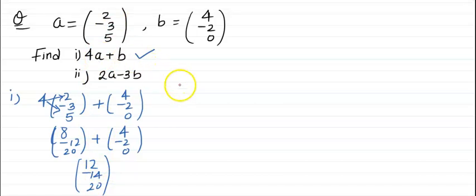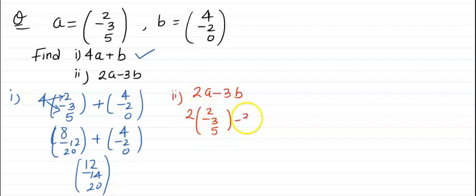Now the second part, it is given here 2A minus 3B. So column vector A is 2, minus 3 and 5, and then minus 3 times B, which is 4, minus 2 and 0. Multiply A with 2, so it should be 4, minus 6, and 10.